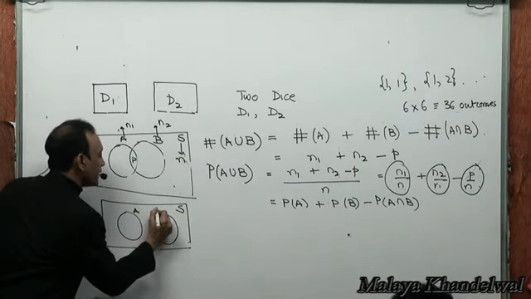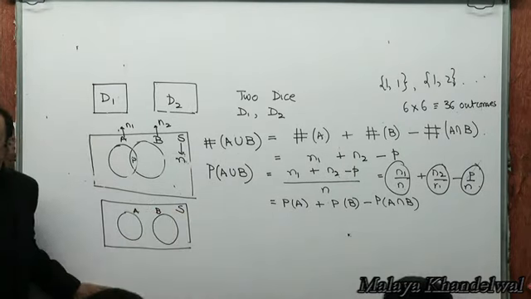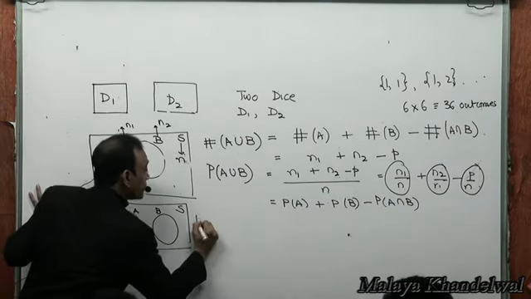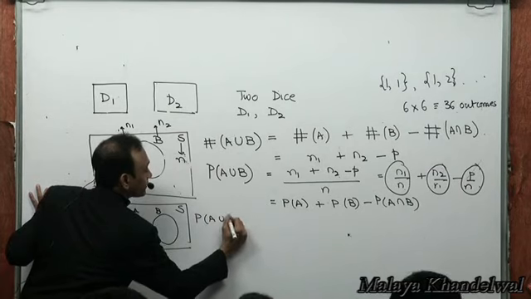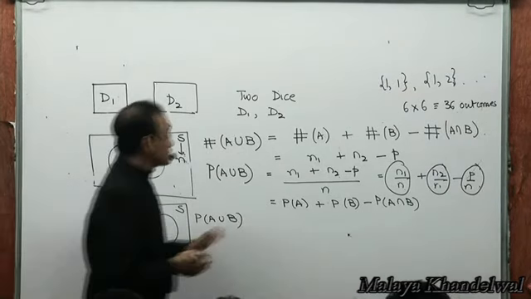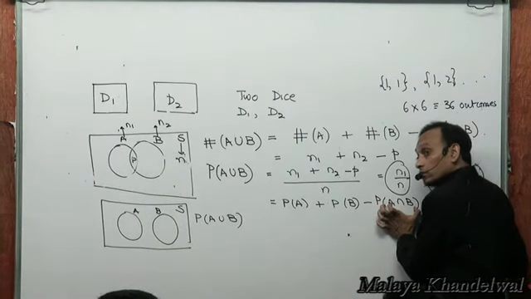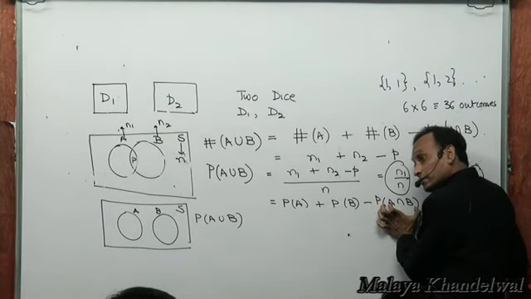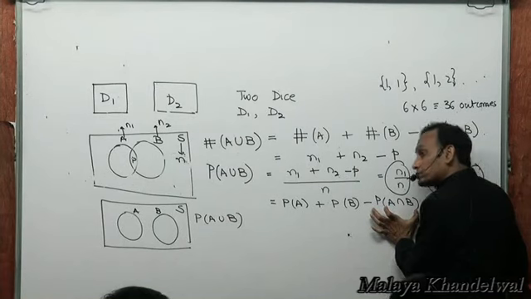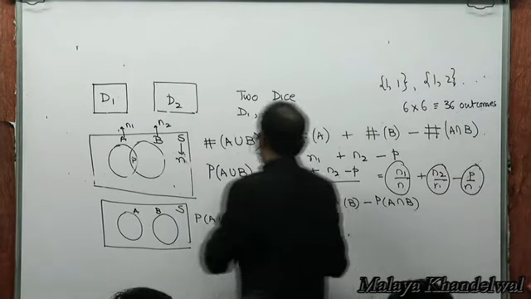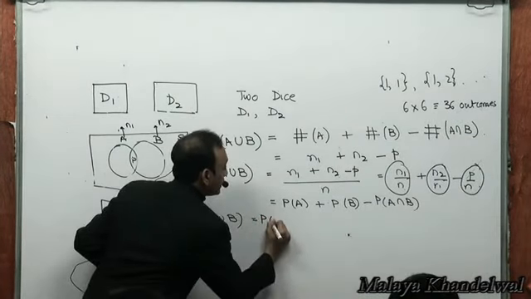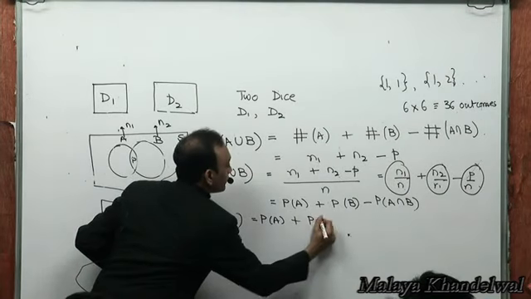This is the case where A and B are mutually exclusive. Then the probability of A or B, A occurring or B occurring, is going to be probability of A plus probability of B, and this will be 0 because they never occur together. Therefore, probability of A and B occurring together is 0. So that's going to be probability of A plus probability of B.